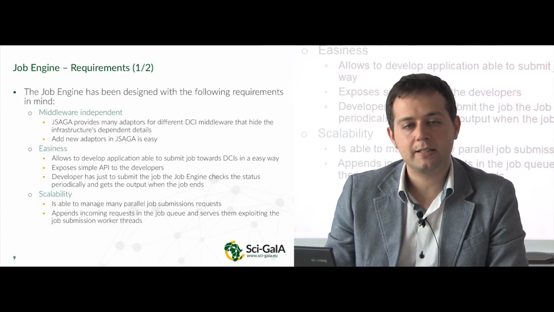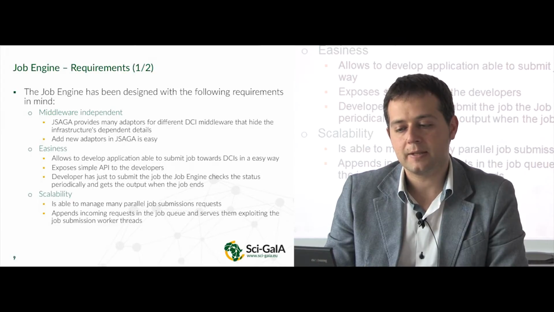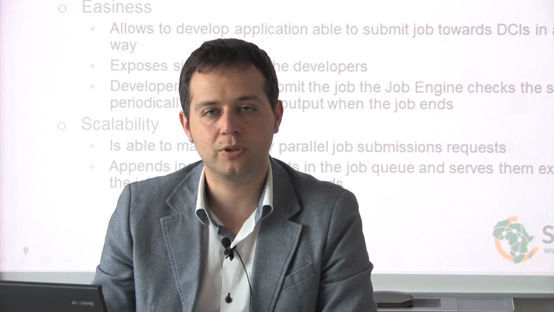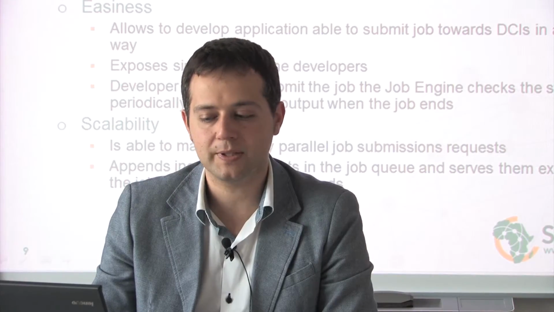And it should provide scalability. This is because the job engine is able to manage several job submission requests in parallel, appending those requests to the job submission queue, and hiding all the delays due to communication with the distributed computing infrastructure from the final user.